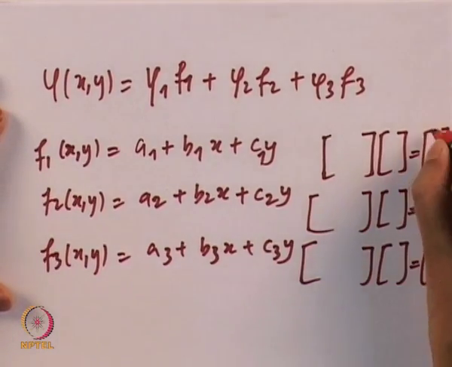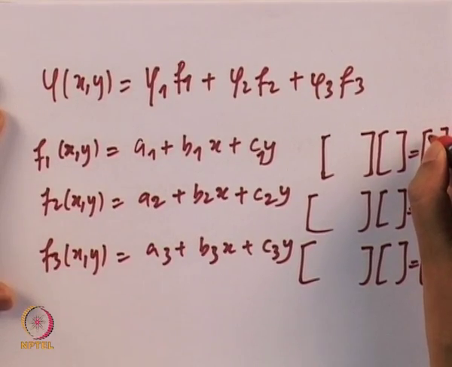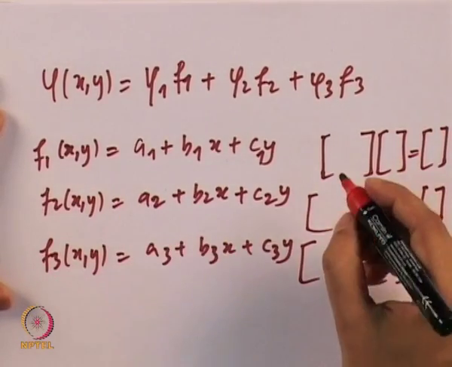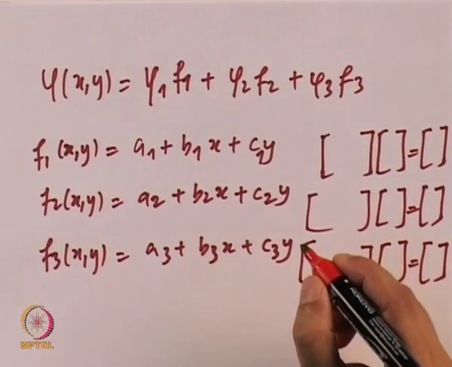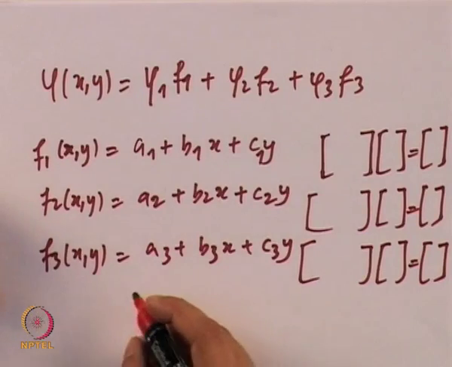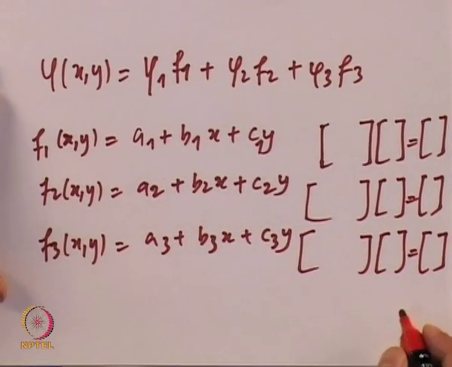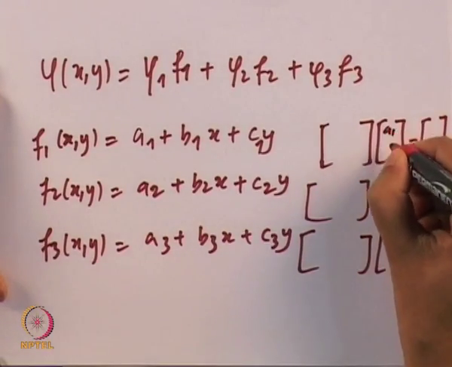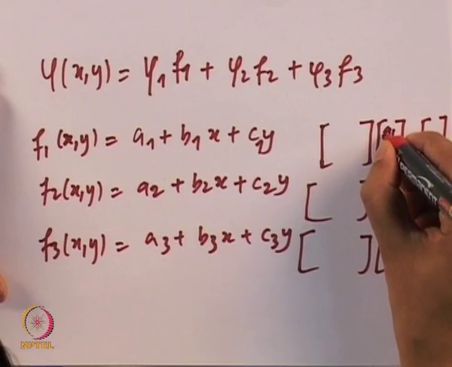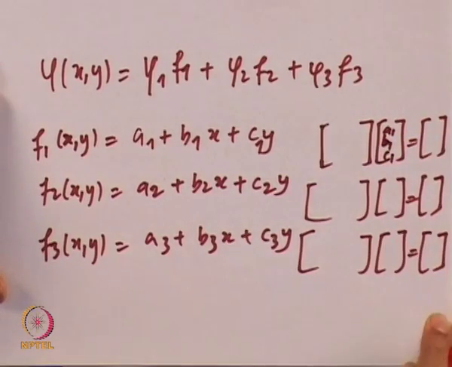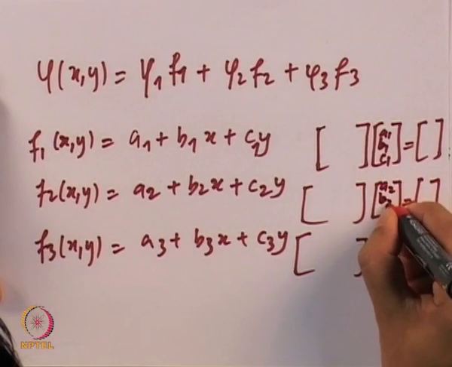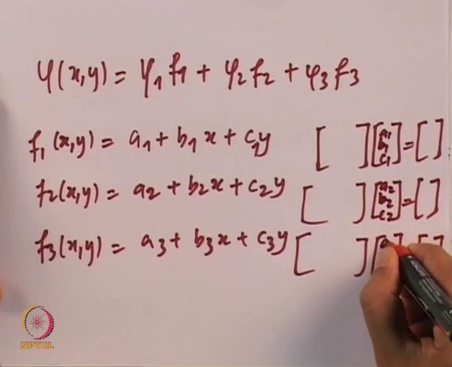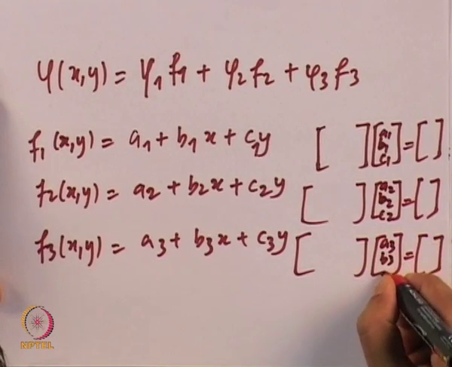What you will see is the right hand side of this equation, when you rearrange the terms, what you will get is, for each of the elements, a1, b1 and c1. Similarly, you will have a2, b2 and c2, and a3, b3 and c3.